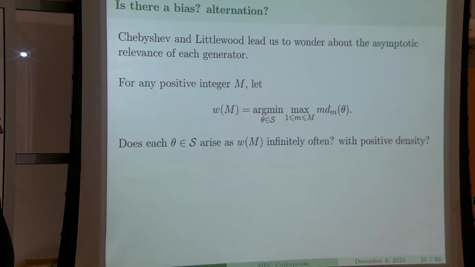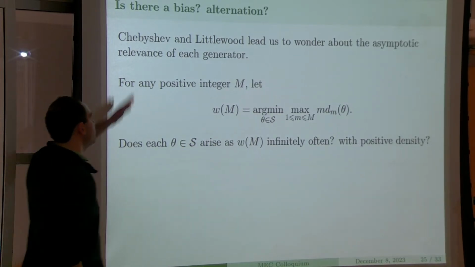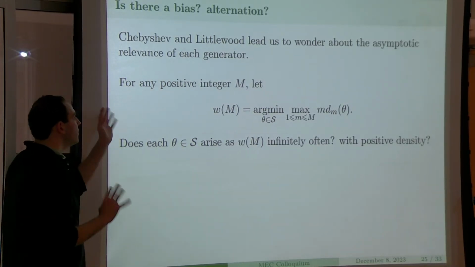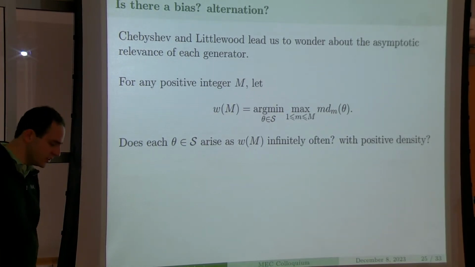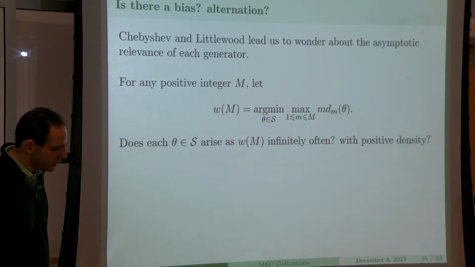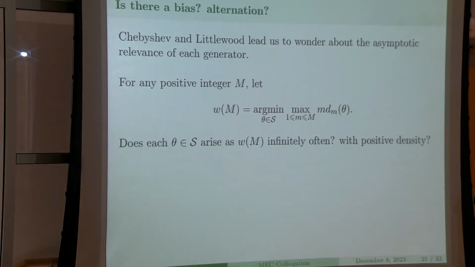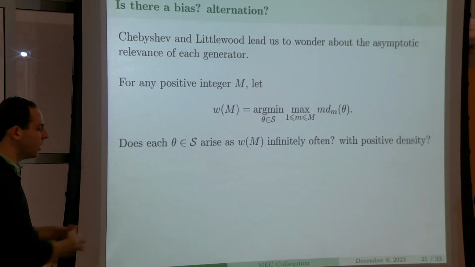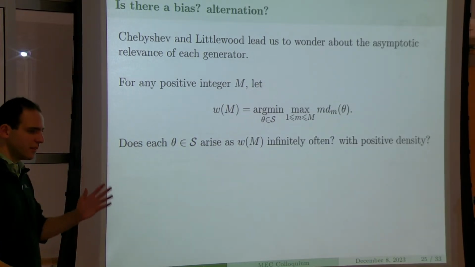And so we can now ask all sorts of heuristics and numerics about this. Here I've alluded to Chebyshev and Littlewood. These are two different lines of inquiry. Chebyshev is a reference to Chebyshev's bias, a very strange phenomenon. I don't know what the elementary proofs are, but Chebotarev density, for example, tells us that primes which are 1 mod 4 and 3 mod 4 are asymptotically about the same in number.